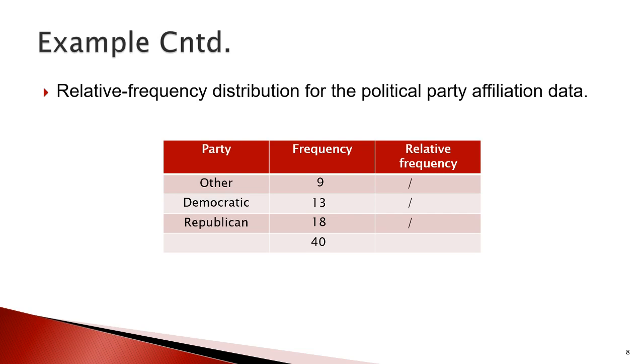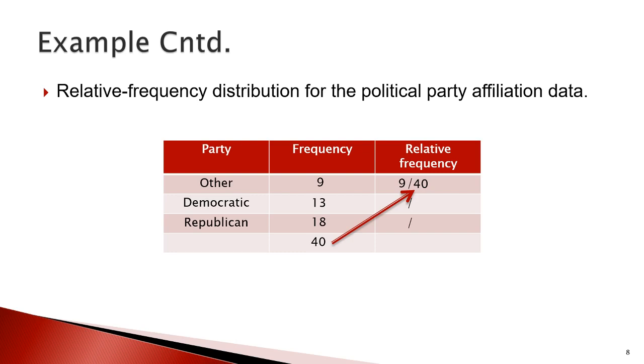Now, as we already have the frequency column in the table, we need to add a new column, that is the relative frequency. For example, if we want to calculate the relative frequency for the value other, take the frequency value as the numerator and then divide it by the total number of observations.